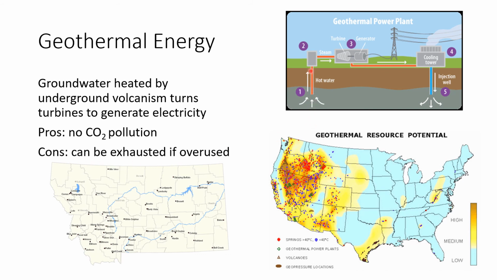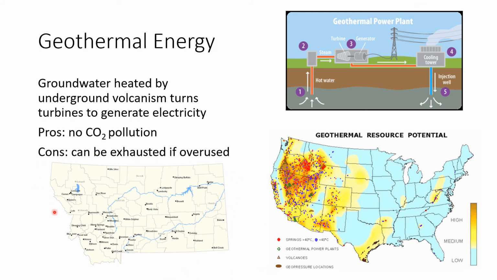So here they've got it going up and through and back down, but there's some water loss here due to the steam. So if you can't fill it back up as fast as you're taking it out, it can be overused. There's pretty good potential in the western United States because we have the Yellowstone volcano here, so there's some volcanic activity happening on the western side of the US.